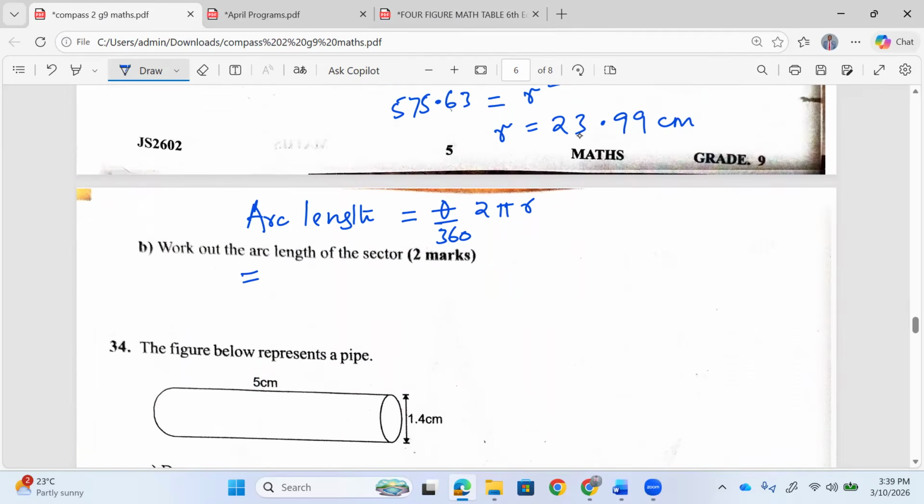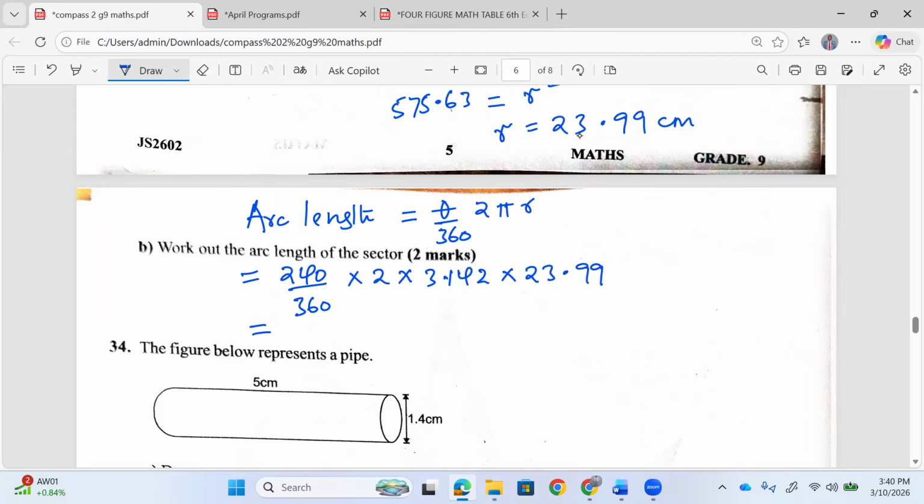Therefore, the arc length shall be 240 over 360 multiplied by 2 multiplied by 3.142 multiplied by a radius of 23.99.